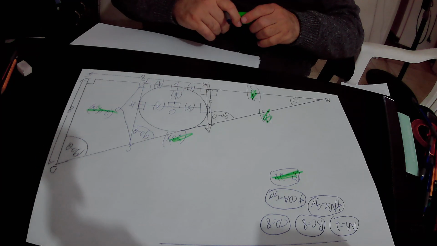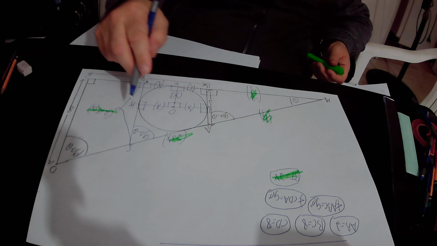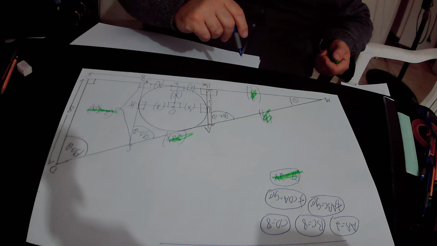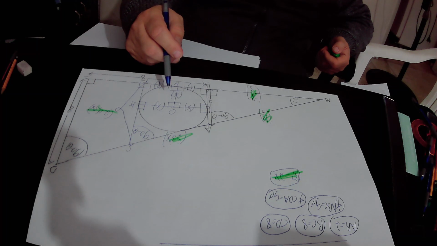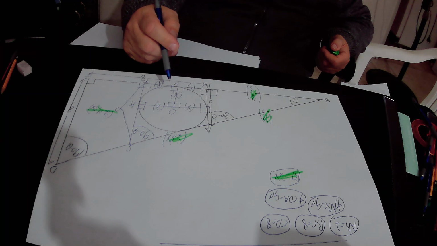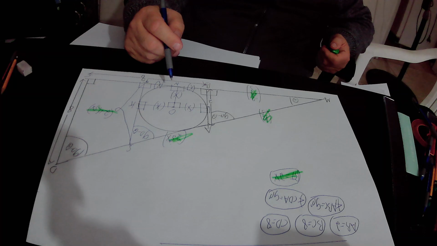In the next step, I will copy the small quadrilateral ASBT, this small quadrilateral, with the circle that is inscribed inside it, and we will implement rule 2 on this quadrilateral.